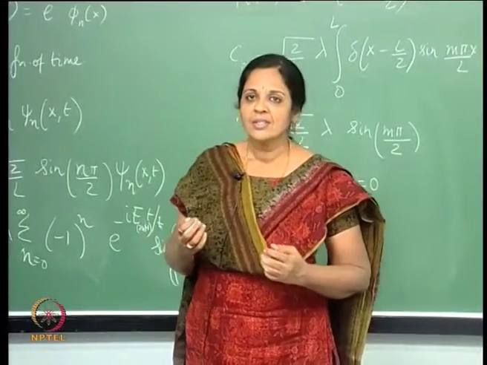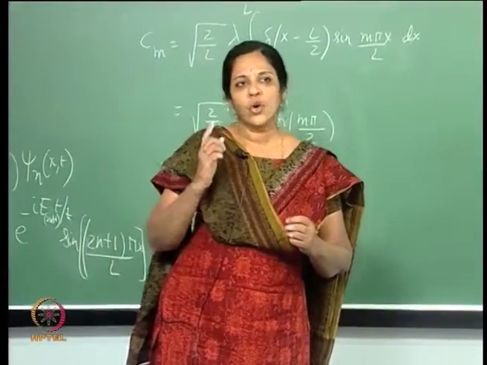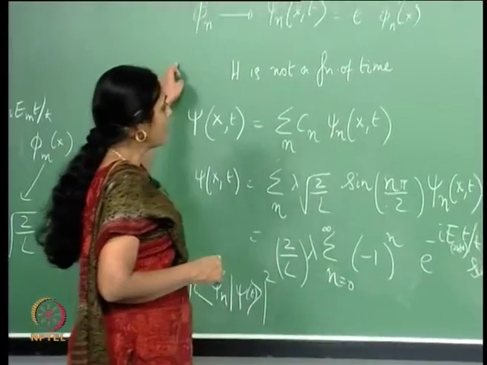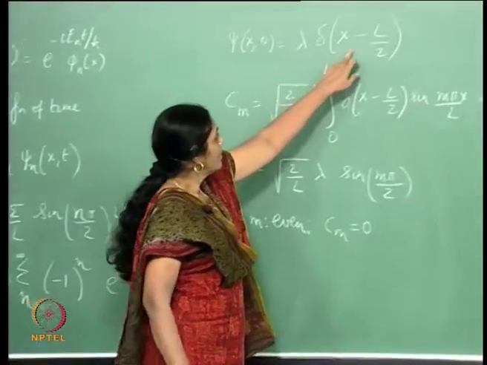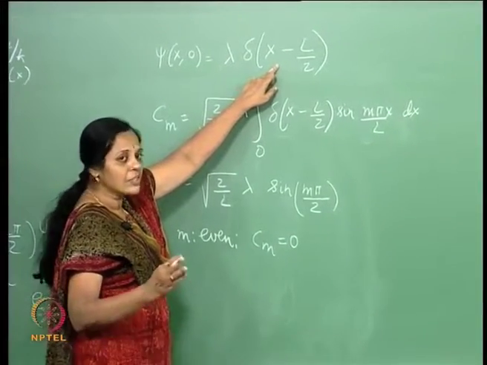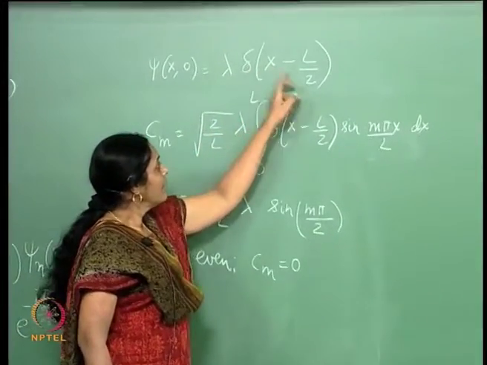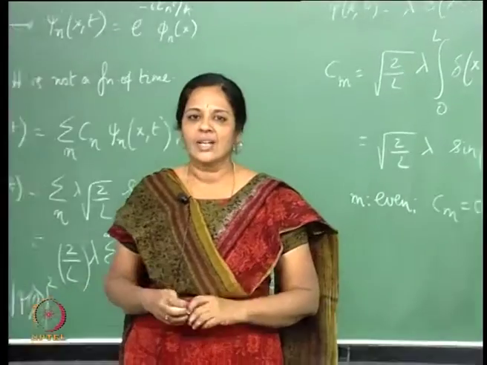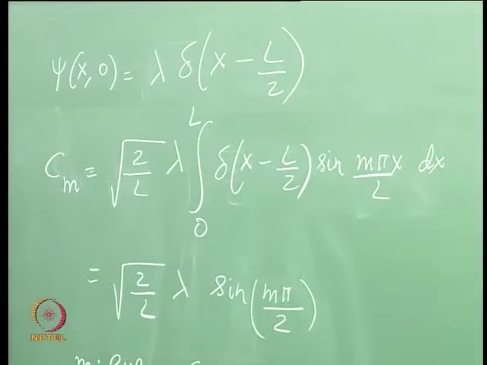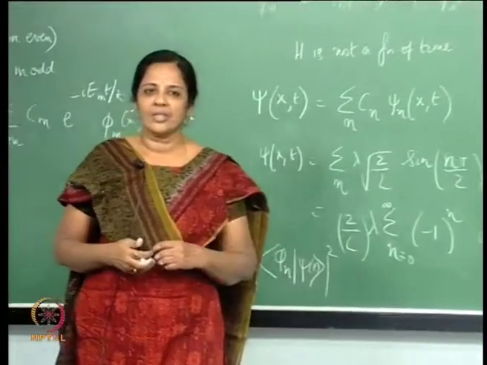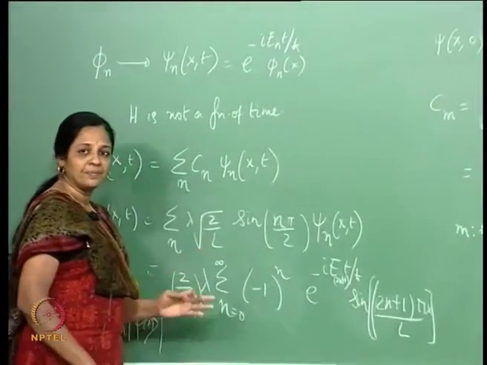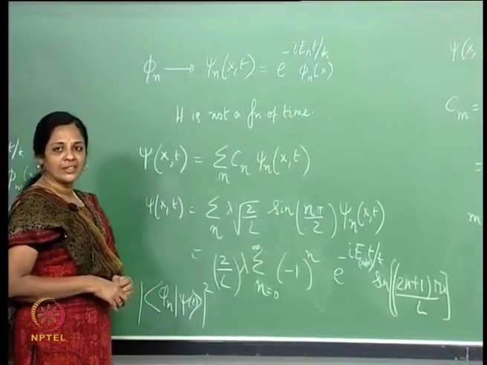It is not finite, and it is not finite for a very good reason. We did not start with a normalized state psi of x,0. If you want to normalize this, you do integral psi star of x psi of x dx is 1, and then the square of the delta function is involved, and that is not defined. Therefore, if you take something like a delta function for the initial state, you can't have a consistent probabilistic interpretation, because mod Cn squared is not even finite.